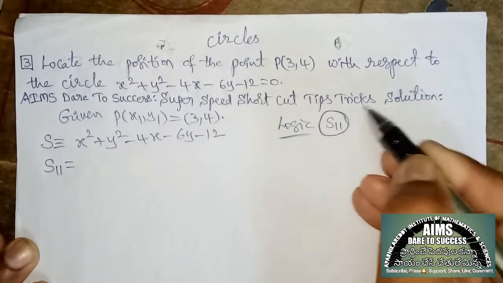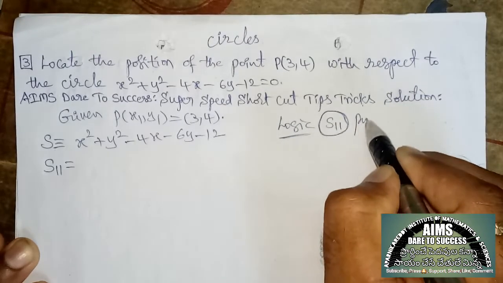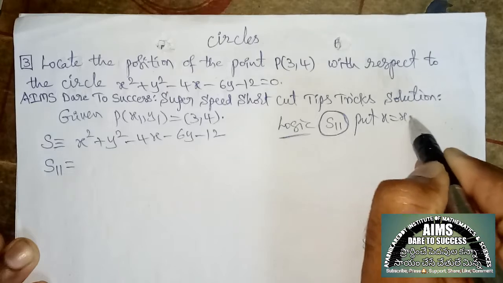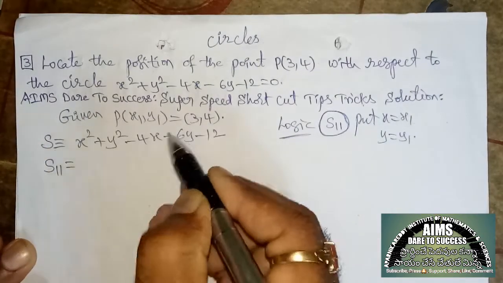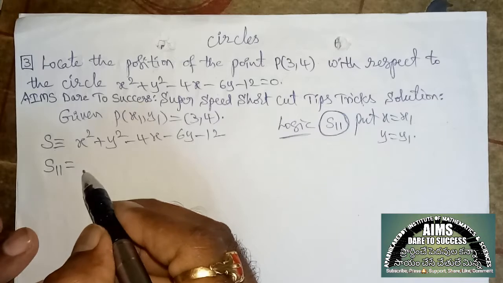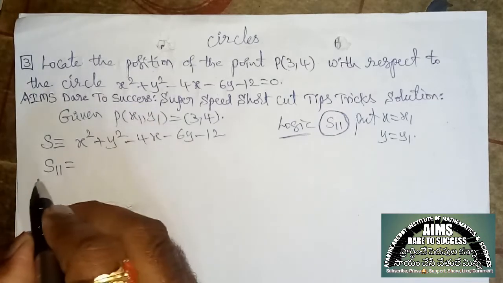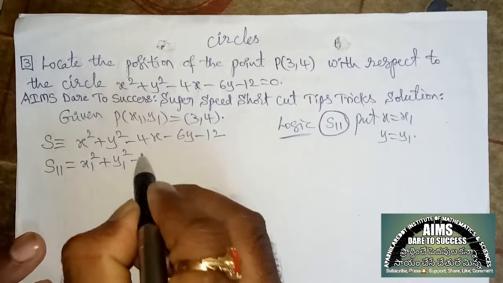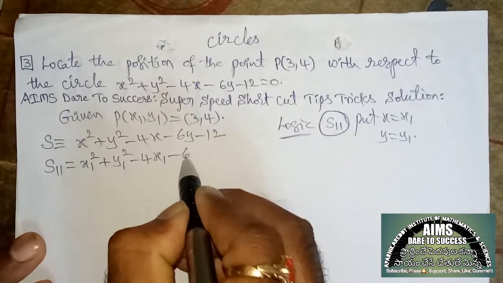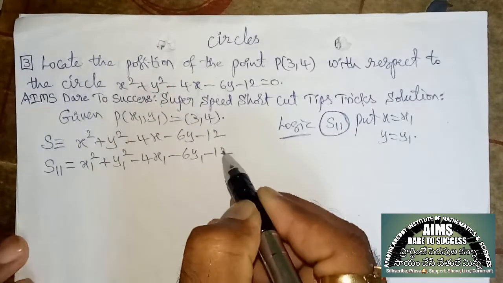To find the S11 value, substitute x is equal to x1 and y is equal to y1 in the circle. We get S11 is equal to x1 square plus y1 square minus 4x1 minus 6y1 minus 12.